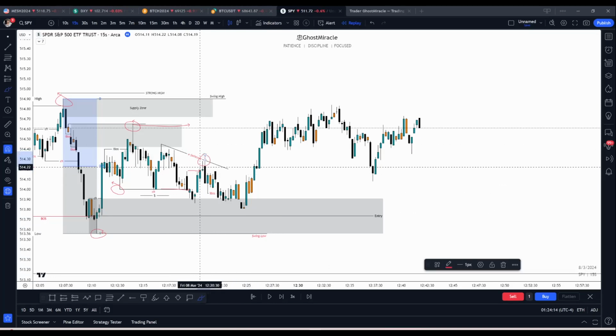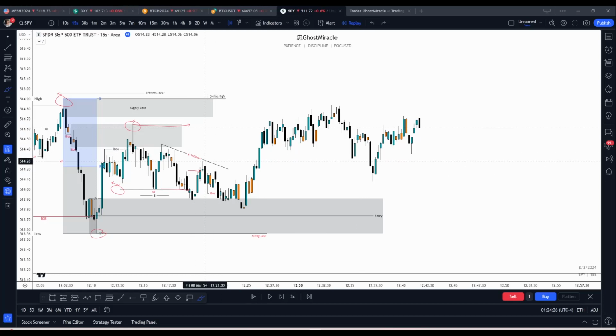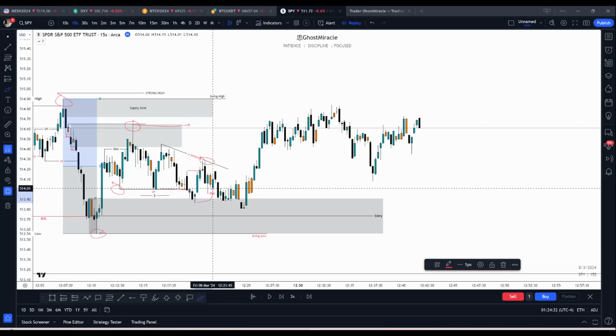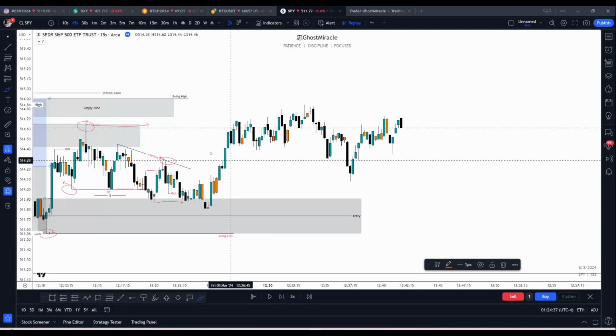So that made this high a strong high, which is why it came back, or no, excuse me, this high, your strong high. Because at the time, this is still weak because it hadn't broken this low yet.